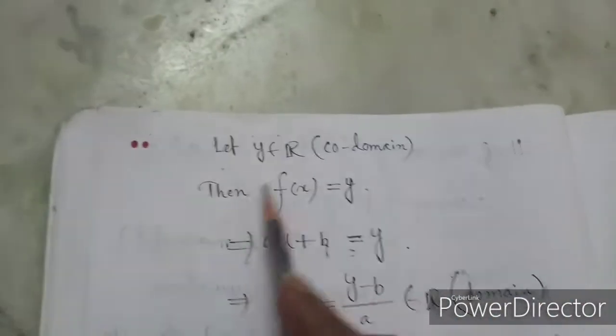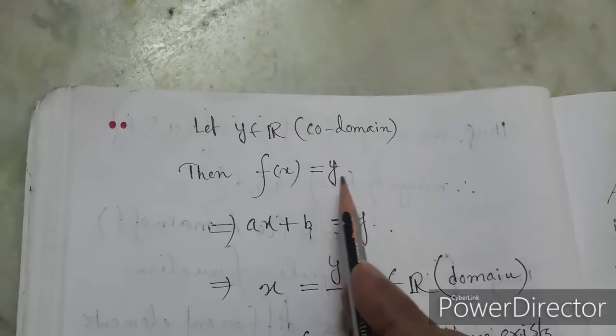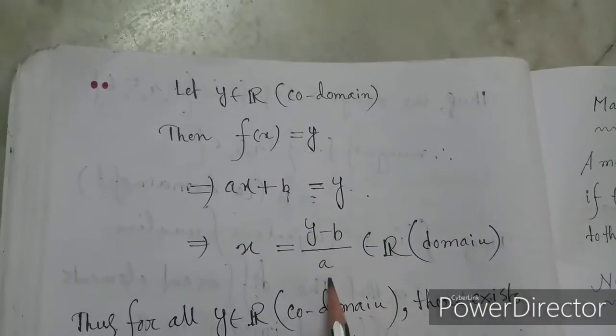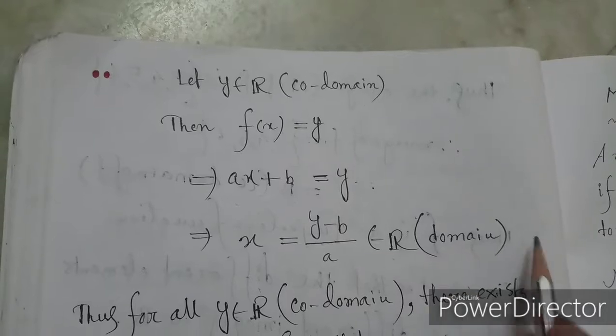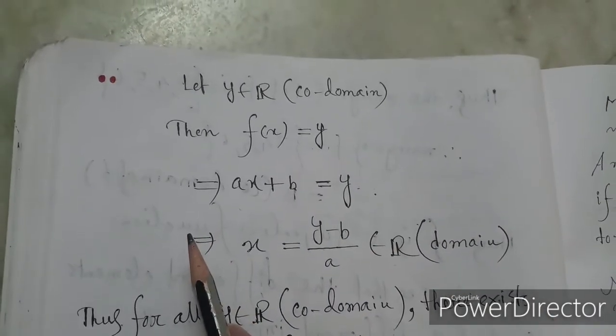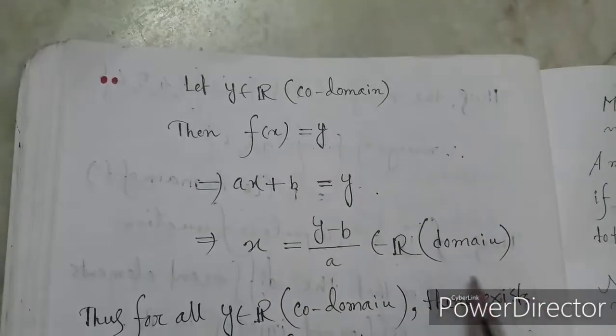So now the surjective part. Let y belong to R, the codomain, then f(x) equal to y. So ax plus b equal to y, so x equal to (y minus b) by a, and that belongs to R because y belongs to R and a, b belong to R according to the question. So x belongs to R and that R is the domain.